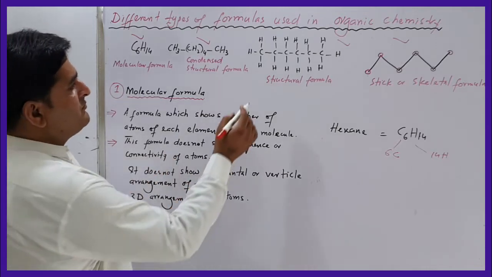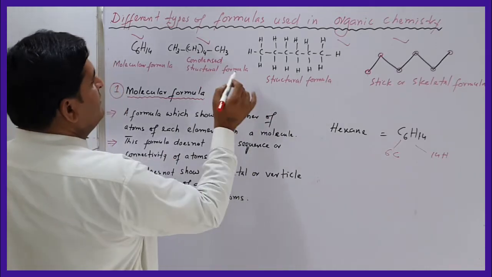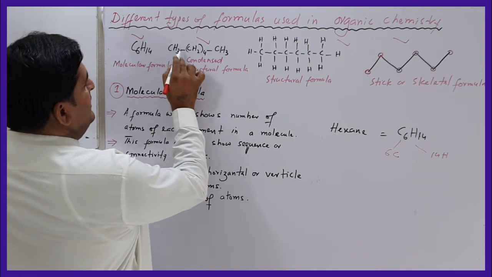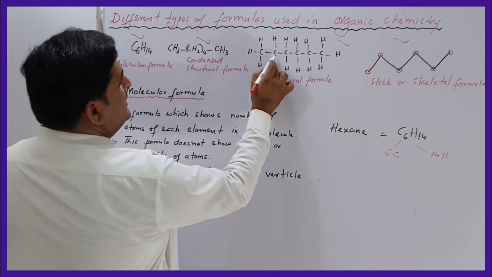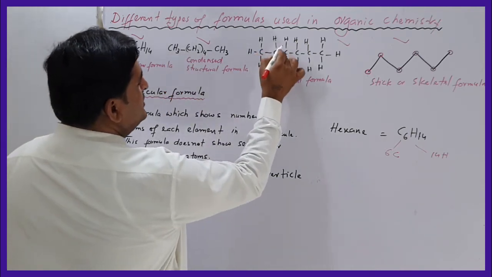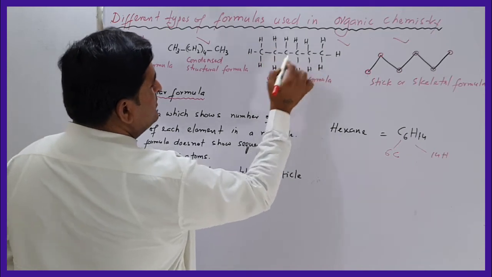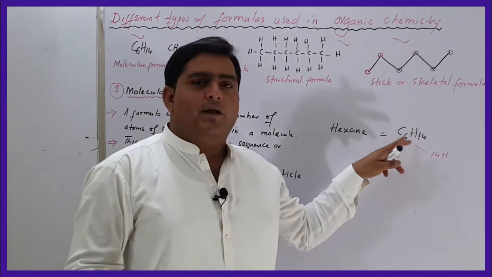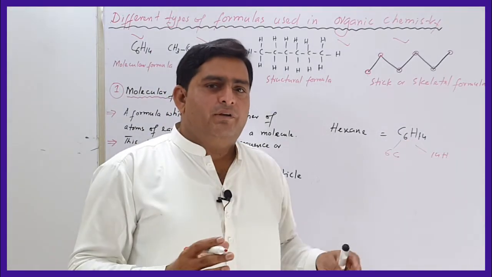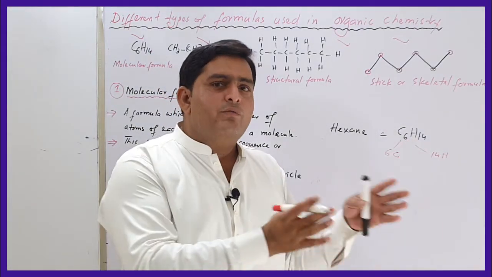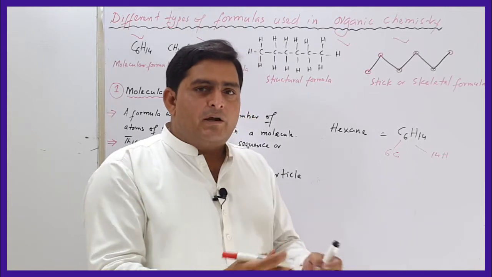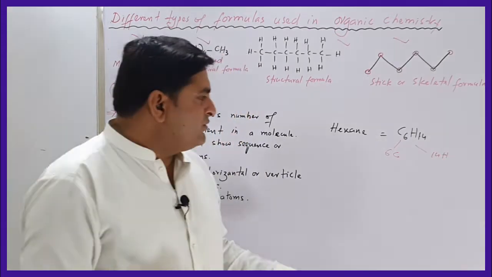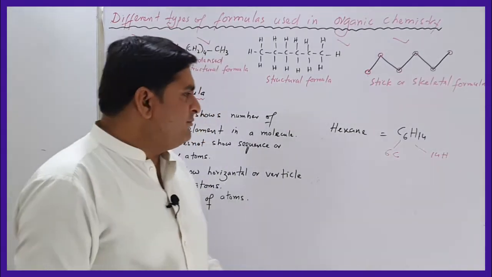In the structural or condensed formula we see that carbon is bonded to carbon, carbon is bonded to hydrogen, and so on. In the molecular formula we do not see which atom is bonded to which atom, and what the nearby atoms of each other are. This is the first limitation of molecular formula.